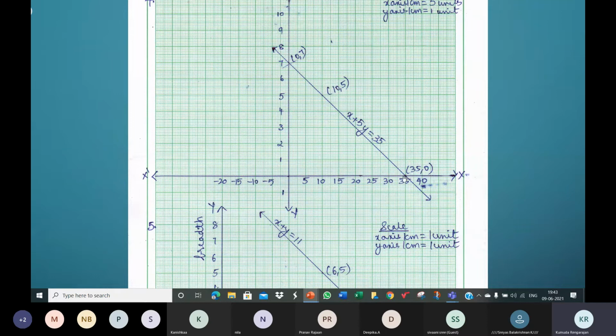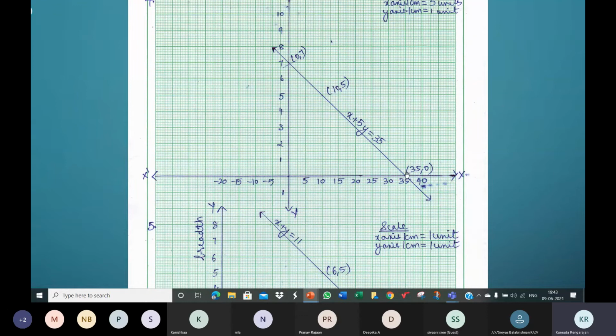X-intercept is a point. X-intercept is the point where the graph line intersects the x-axis. Y-intercept, I-N-T-E-R-C-E-P-T, intercept. Both x-intercept and y-intercept are points. They are points. Which point?